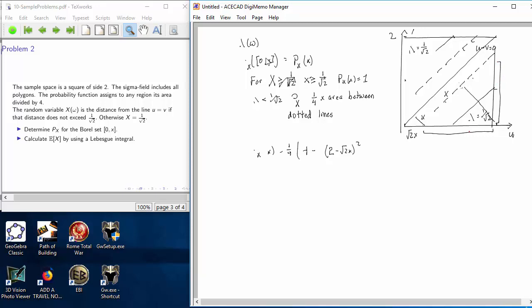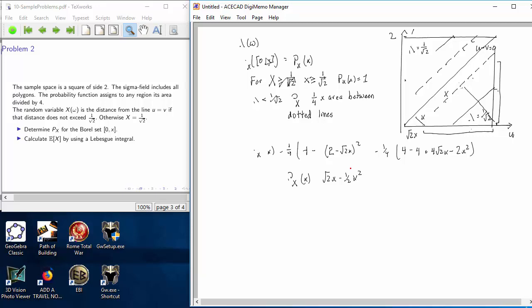Its area is 1/2 the product of the two sides, but I've got two triangles, so I can drop the 1/2, and that's going to give me 1/4 of 4 minus, multiplying this out, 4 plus 4 root 2 x minus 2x squared, or finally, I've worked it out. The probability that the random variable capital X will have a value between 0 and little x is equal to root 2 x minus 1/2 x squared.